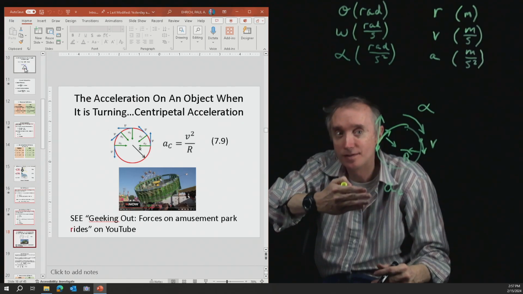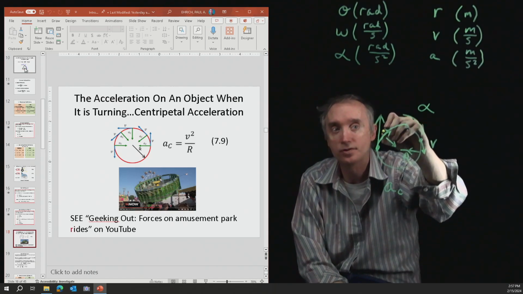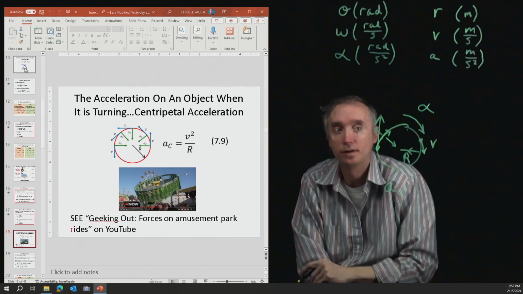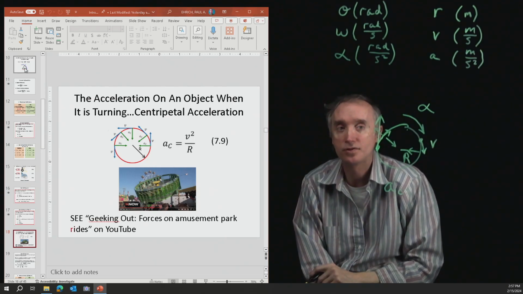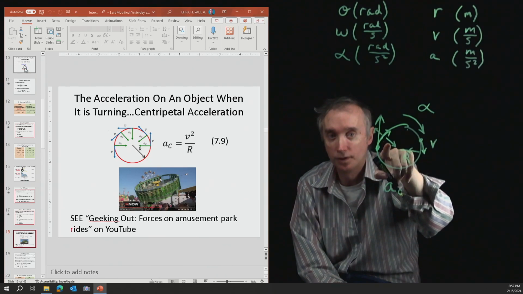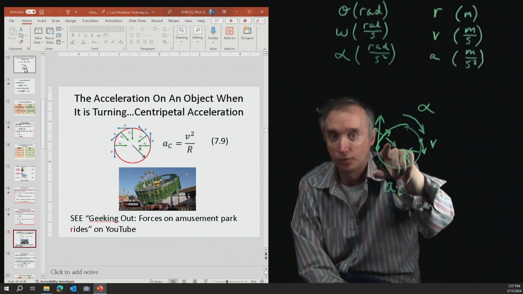It makes it seem like there is some mysterious force throwing you outwards, but it's really just a reaction force to this one. This force here is the real one. The centripetal force is the real force.